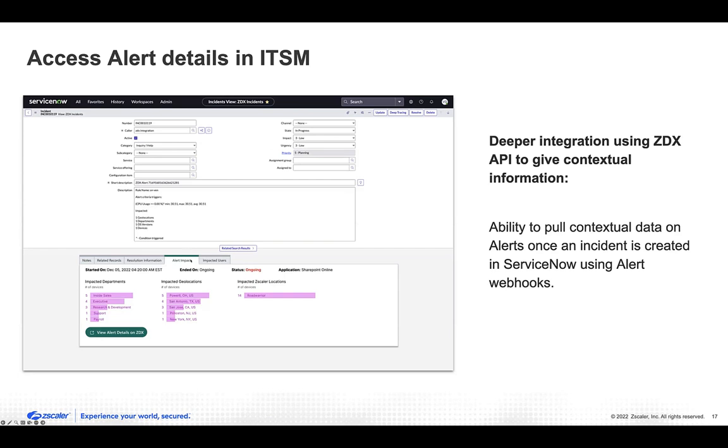So here you can see the alert webhook that was being sent to you is now enhanced to include much more descriptive data, in the sense you can see what departments have been impacted, what are the major geolocations that were impacted by this, and also if you have Zscaler location set up, you'll be able to see that as well. And last but not least, you will also see another tab called impacted users, where you can go in and see the list of all users who were impacted by this particular alert that you had set up.